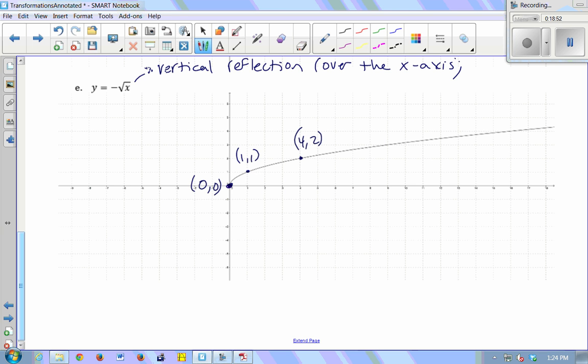So the way you reflect vertically, right, because it's an outside change, I'm changing y values, I need to take the opposite of every y value. Make every y value negative. Yeah, because that's what multiplying by -1 does. It changes the sign to its opposite. Yep.